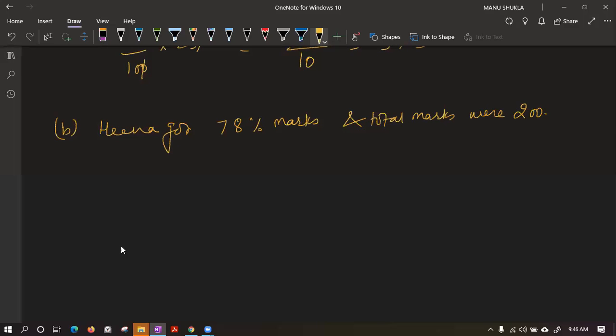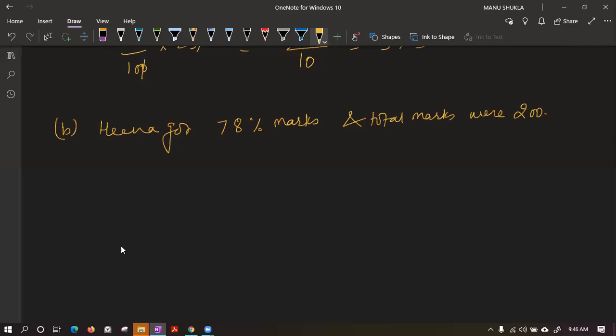Now tell me, how many marks has Hina got? If the exam was of 200 and Hina got 78% marks, I want the value of marks. I don't want the percentage, it is given to me. Please tell, how many marks? Very good, Sarvagya. Very nice, impressive. Very good, Bani.